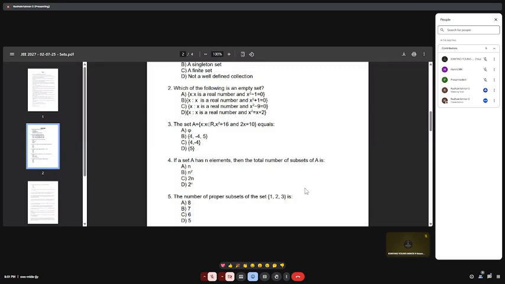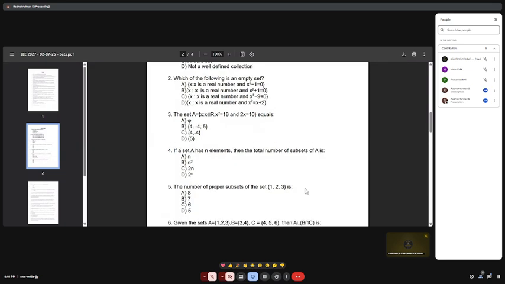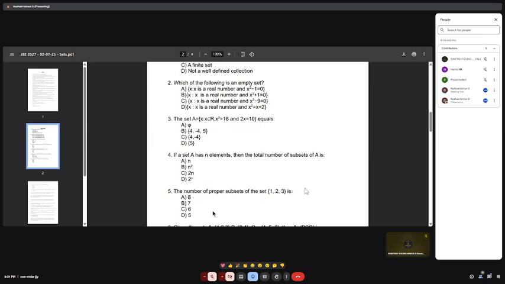So then how many number of proper subsets are there? It's 7, because out of 8 you have to remove the one set. So remove 1. So you get 8 minus 1. That is 7. Okay. Is that clear? Yes, sir.